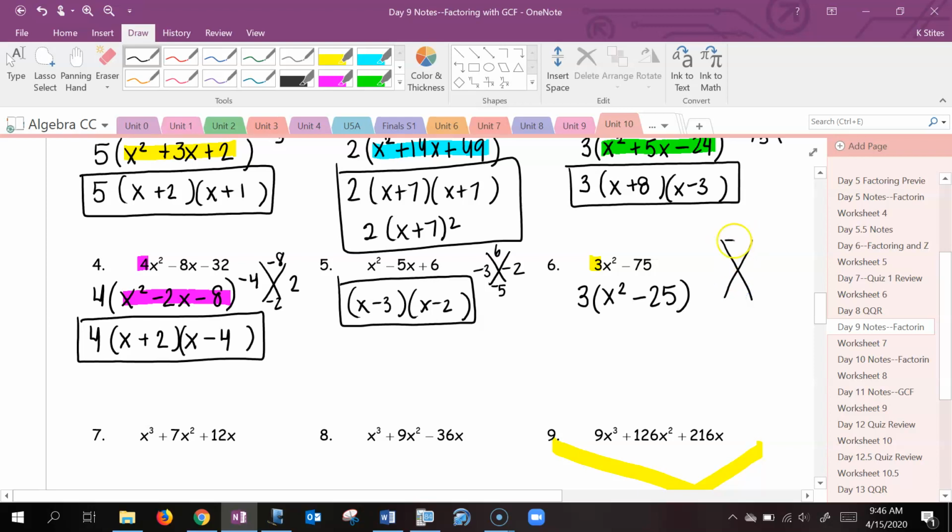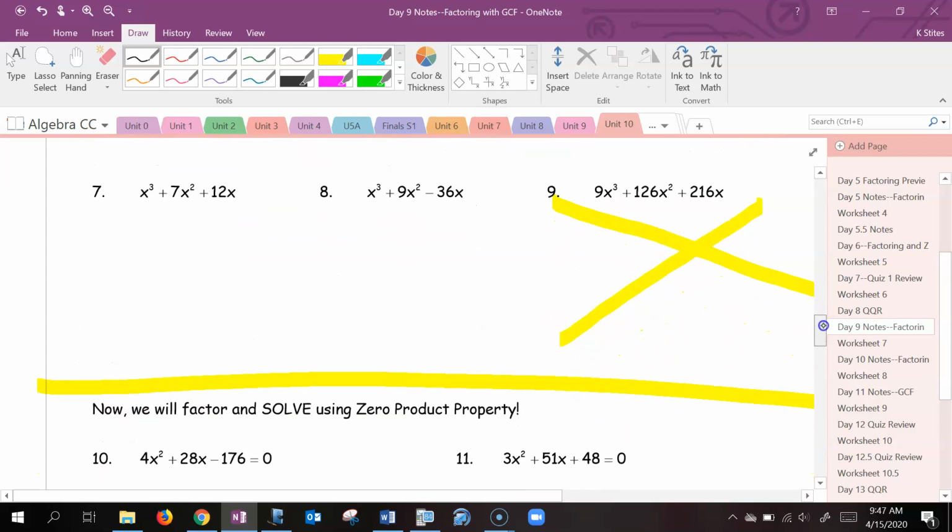Remember, this is the same as multiplying to -25 and adding to 0. And that should be a 5 and a -5. So that's x plus 5, x minus 5. And there you go.